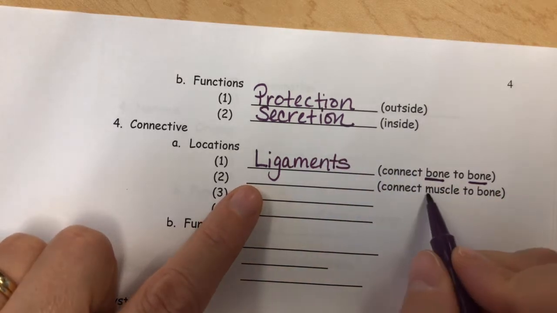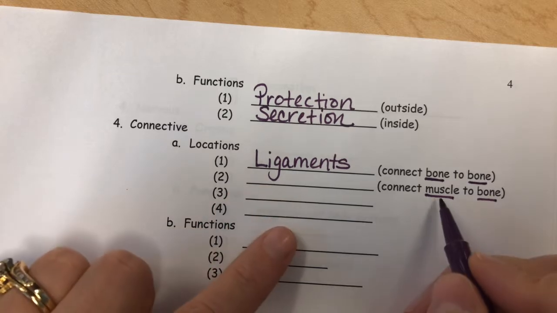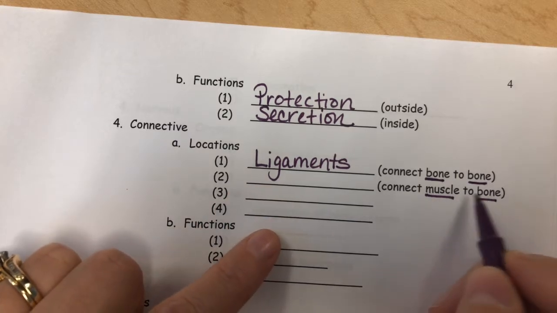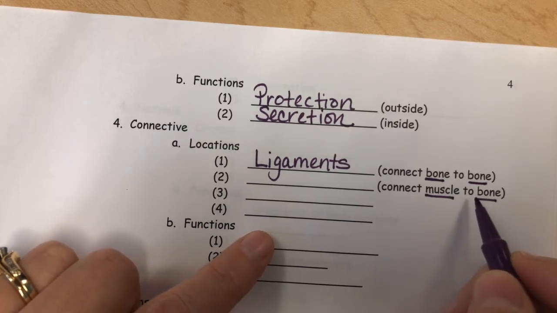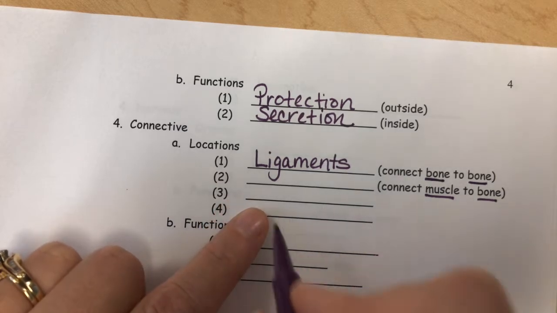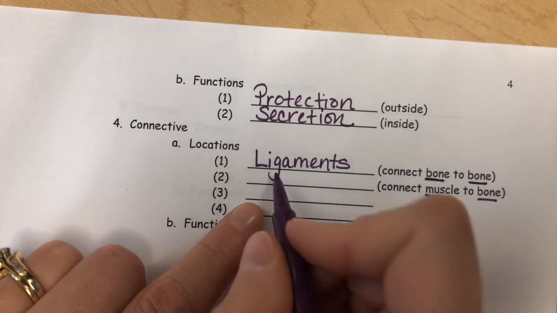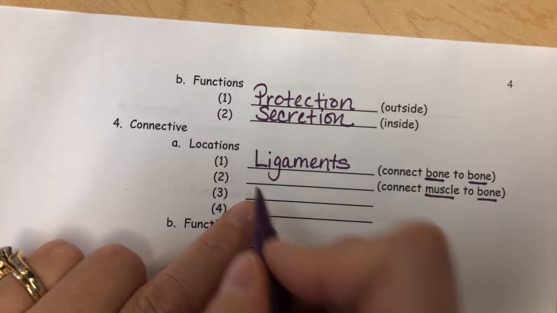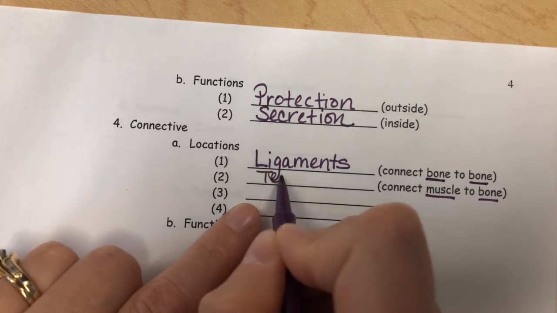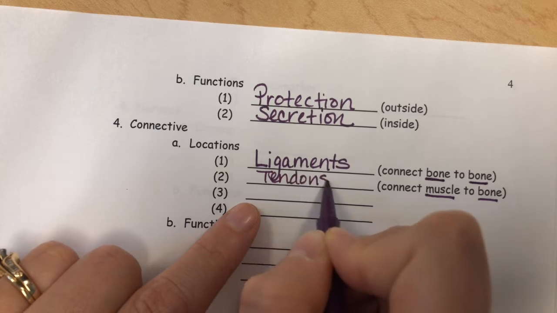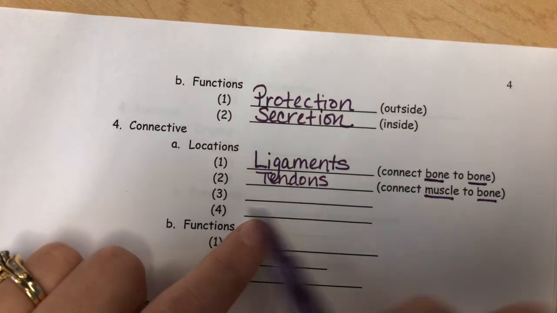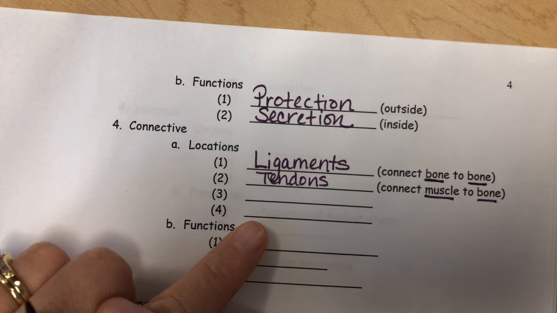What connects muscle to bone? So remember that muscles are what make bones move, and so the type of tissue that goes from one muscle to a bone, so that when that muscle contracts, it moves that bone, that's called a tendon. So tendons. So now you know the difference between those.